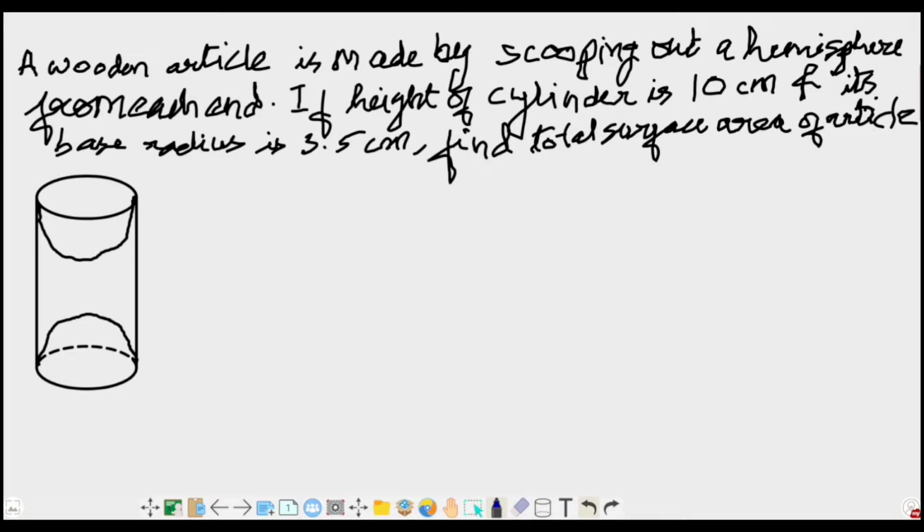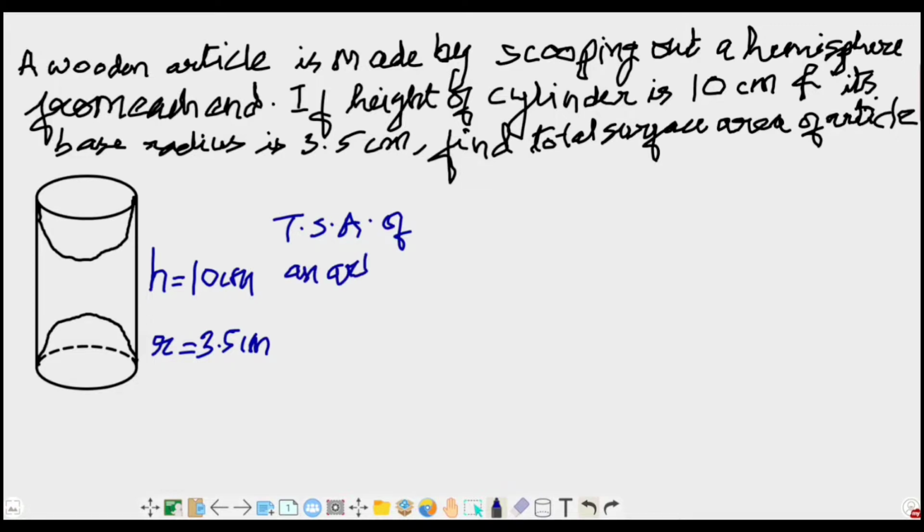Here height is given as 10 centimeter. Radius is common throughout, so it is 3.5 centimeter. You are asked to find the total surface area of the article, so the exposed surface area means the surface area which is visible to you.